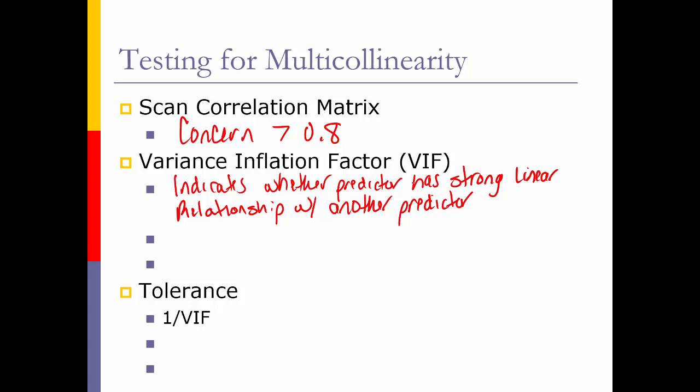Alright, so when do you have a problem? You should probably have a concern if those values are greater than 10. There's also an average variance inflation factor. If that average is greater than 1, it should also be a concern.